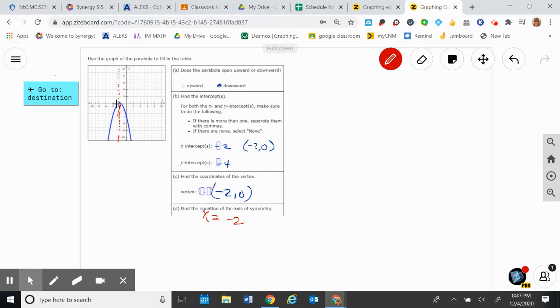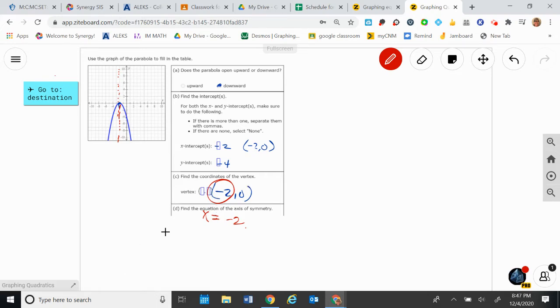You can see that x is always -2: (-2, 1), (-2, 2), (-2, 3), (-2, 4), whatever. That's the equation of the axis of symmetry. It's always going to be x equals whatever x value the vertex has.